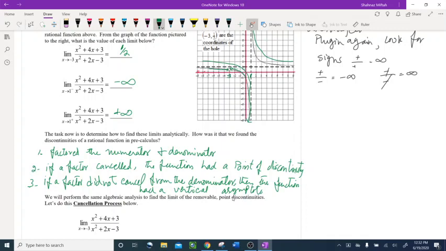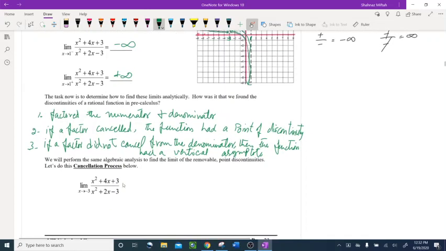So if we factor the numerator and denominator and cancel some factors, then it's a hole. If we do not cancel a factor in the denominator, then that's a vertical asymptote. Okay, let's apply all of that.